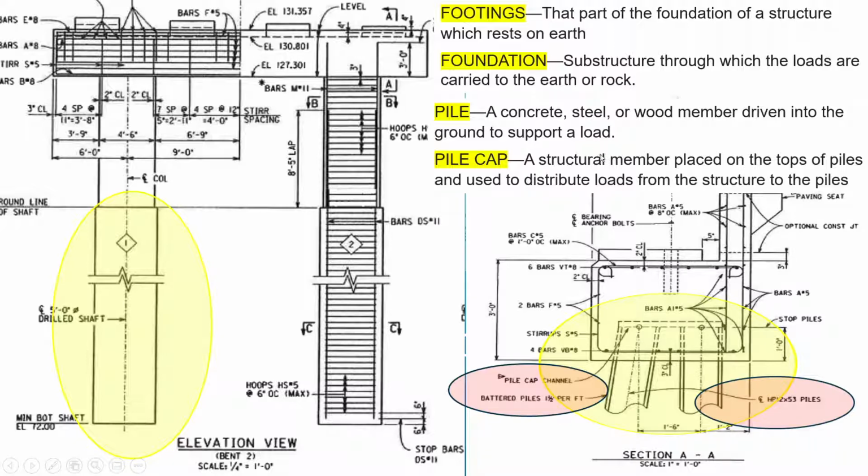The pile cap is a structural member placed on top of the piles and used to distribute loads from the structure to the piles. And this is represented by this dotted rectangle here. And just to back up, notice how these lines are continuous and then once you get to the concrete they're dotted. All this is showing that this section of the pile is actually up inside of the cap of the abutment.